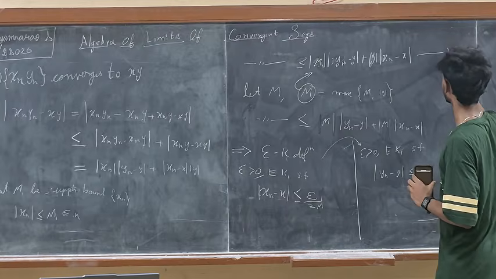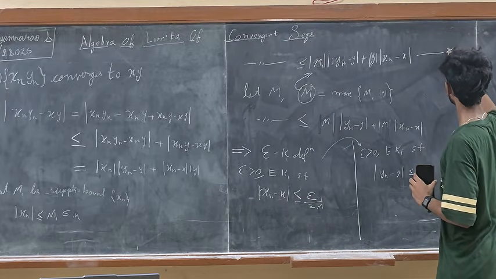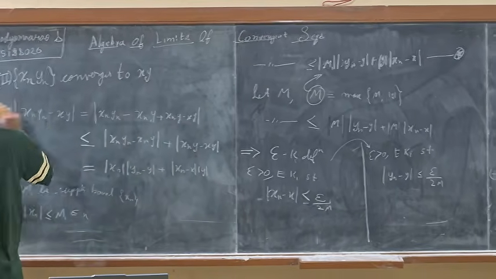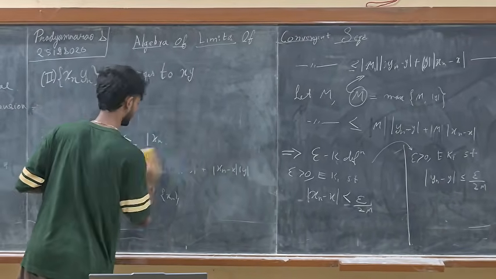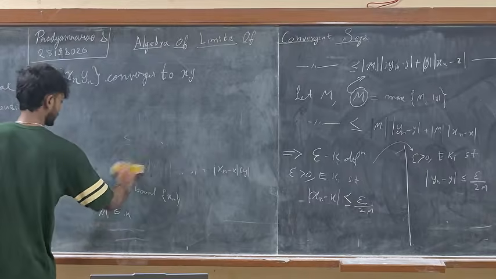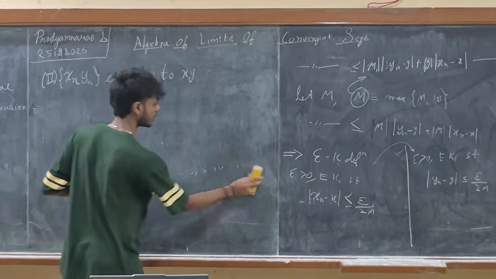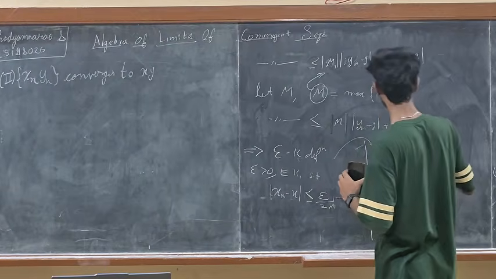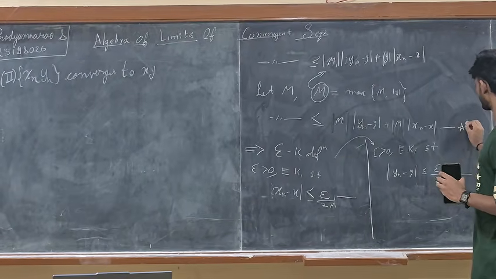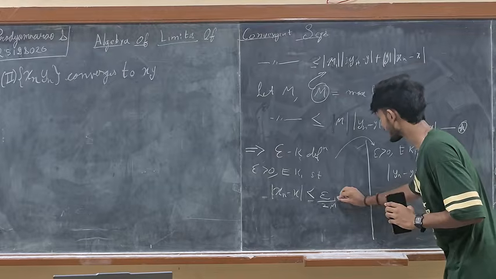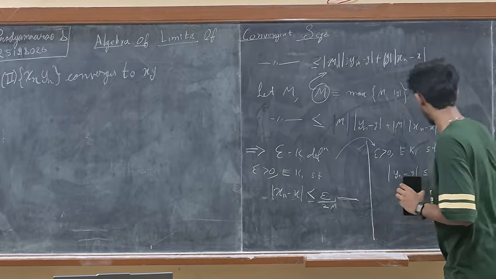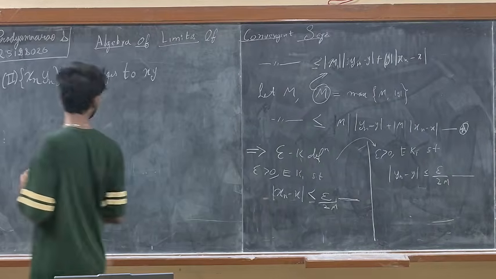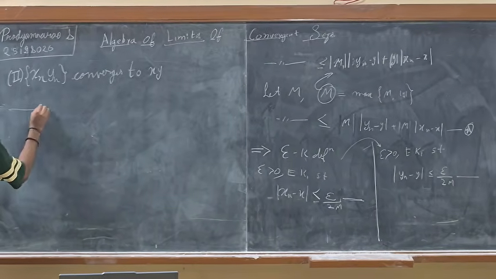Now this is our main equation. Let me mark this as star equation. We'll be substituting these two into the main equation, and by substituting, we'll have this as it is.